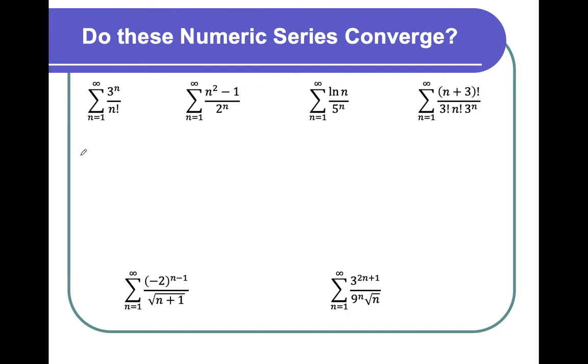So for this first one, I'm going to do a limit as n goes to infinity. I don't really need absolute values for this because everything is positive. So in for n, put n plus 1. And then compare it to the original.